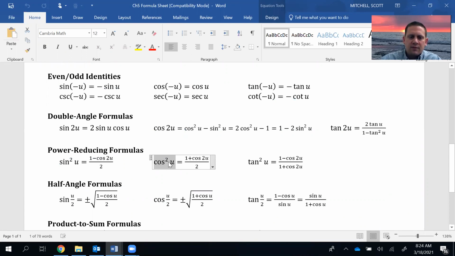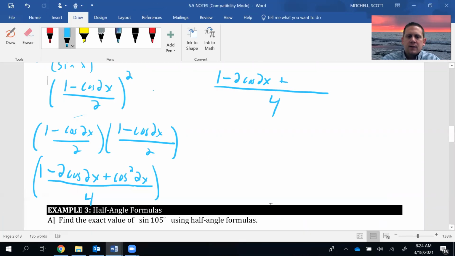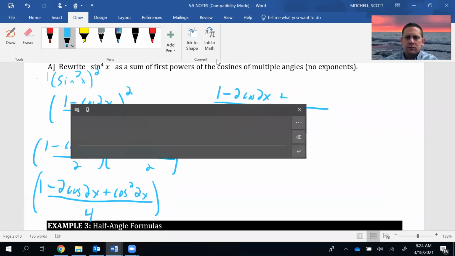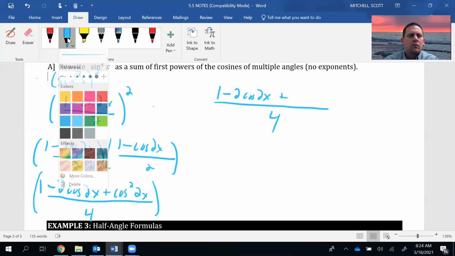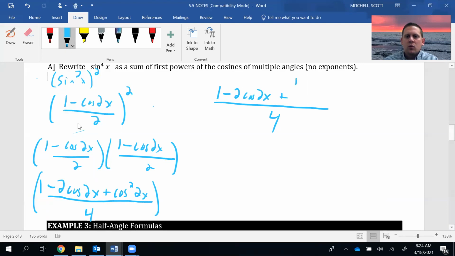This is why I was thinking ahead of putting the 4 in there. This is going to end up being a 4x because there's a 2 in the formula, and then there's already a 2 in the question. So this is going to be 1 plus the cosine of 4x over 2.